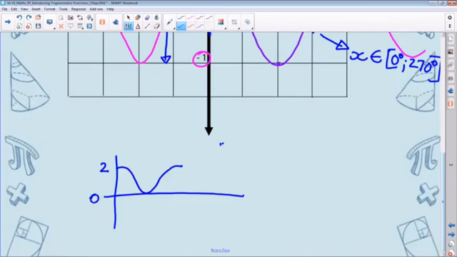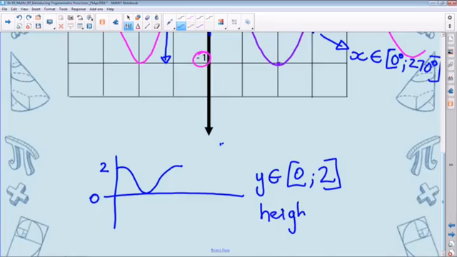In other words, my range is from 0 to 2. But anyway, my height has a measurement of 2, but my amplitude is not 2, because my amplitude is looking at where that center point is. And from that center point up, I still have an amplitude of 1.